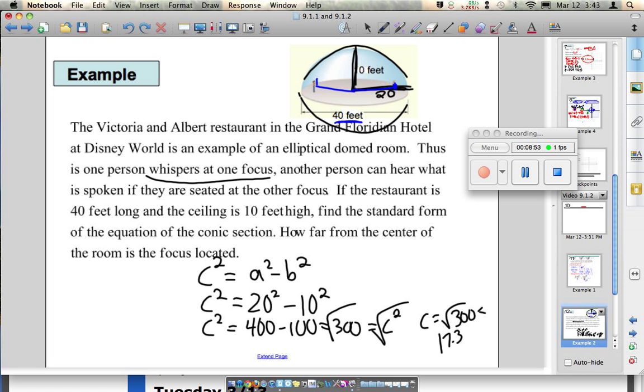So that seems about right, because we know it's going to be towards the edge. So 17.3 feet is your answer to the question. Knowing what they're asking is really important, also understanding this picture. So pay close attention to those particulars when you're trying these real-life problems.